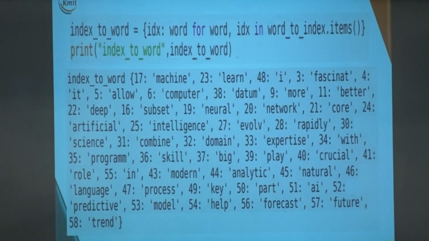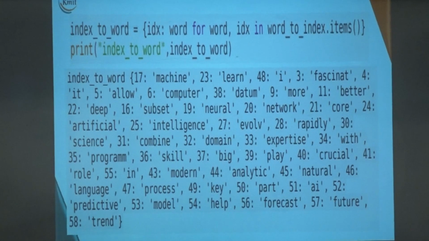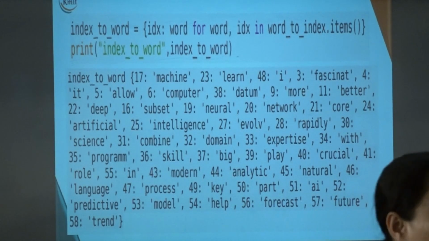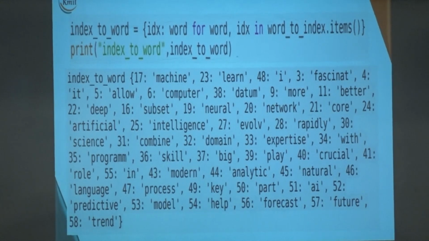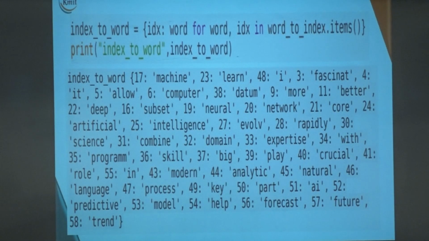So what I am doing here is converting that into index to word using the items method. Okay, clear everybody? So this is what you are going to do again tomorrow with some separate prerequisites and some other paragraph, whatever they are going to give you, in tomorrow's exercise. Okay, so are you clear with the pre-processing steps?